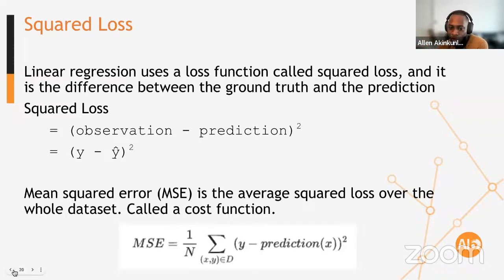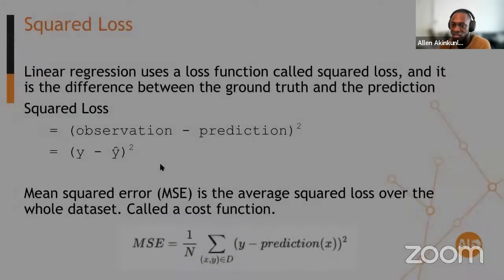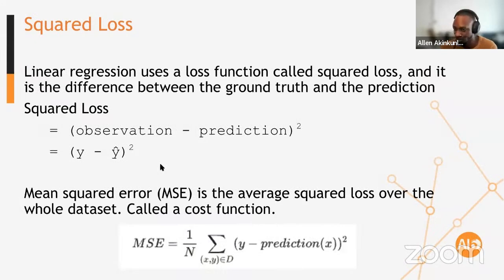Now, keep in mind that I said loss is for one data point, like loss measures the prediction on one data point, right? But in our training data sets, what we use to learn that relationship, obviously each data point will have its own loss, right? So you typically calculate the average over your whole data set.